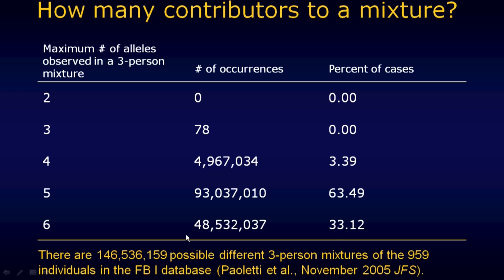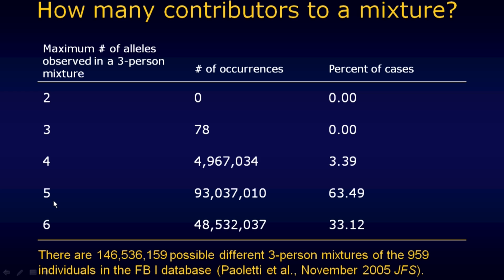Perhaps a bit of a surprise comes from the fact that there was a bigger fraction, almost 2/3 of these three-person mixtures, where there was not a locus where 6 alleles were detected, where the maximum number of alleles detected was actually just 5. For instance, one individual contributed 2 alleles, another individual contributed another 2 alleles, and a third individual contributed just 1 allele.